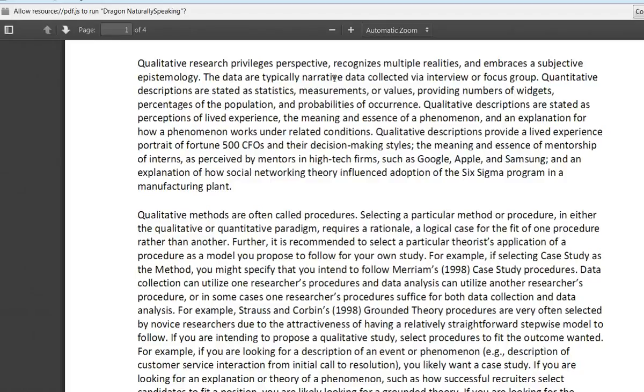we embrace as qualitative researchers their subjectivity. Rather than saying that we want them to be objective, we're fine that they are subjective.